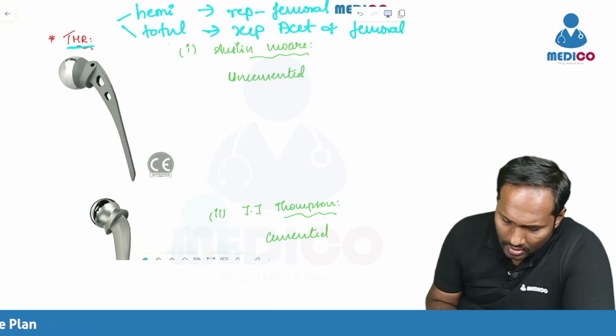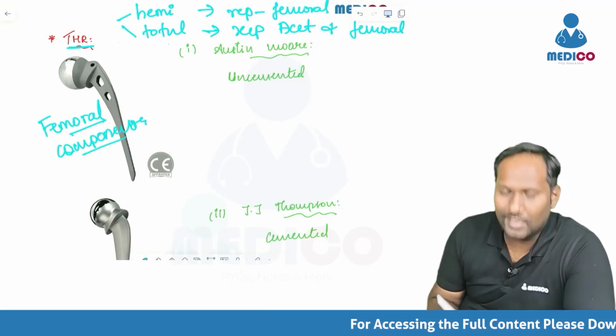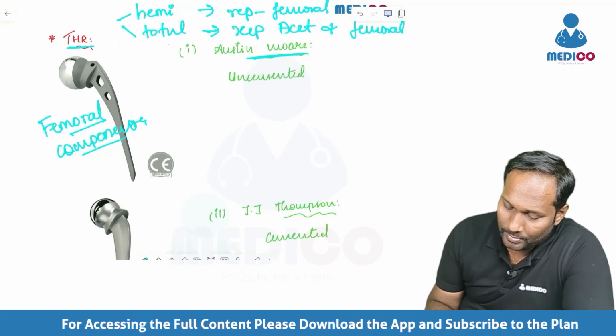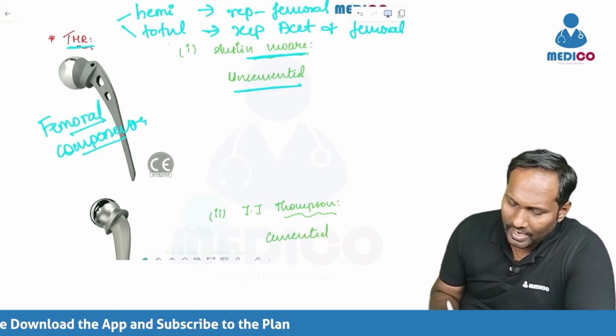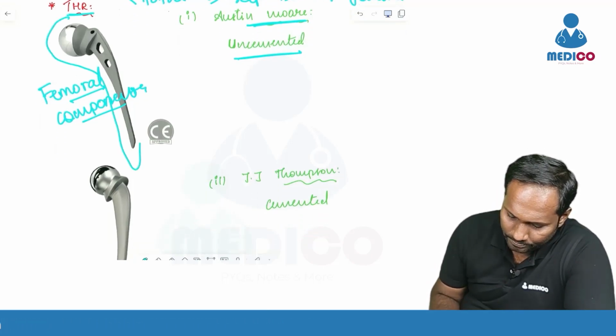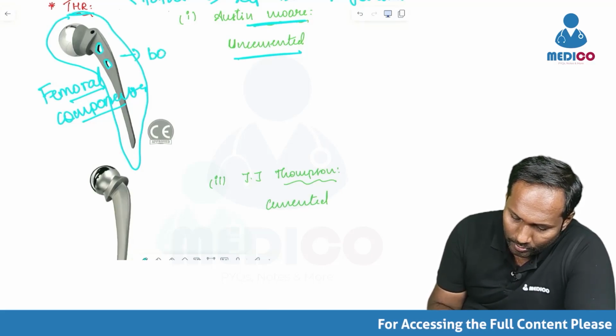Among the femoral components, the first, famous one is the Austin Moore. This is for uncemented use. How do you identify the Austin Moore? It will be a single piece with holes in the shaft for bone pieces.